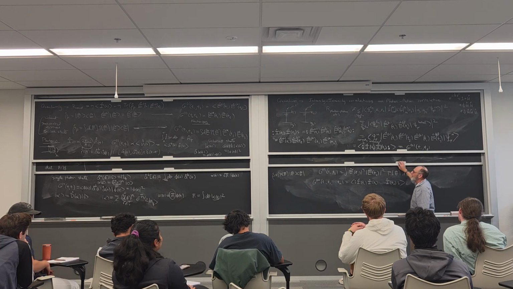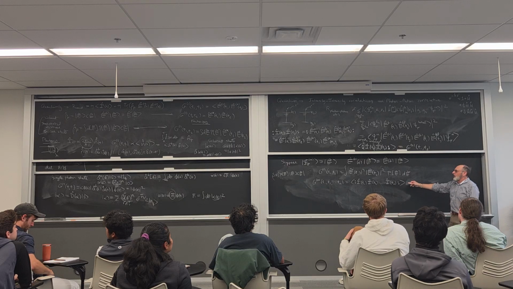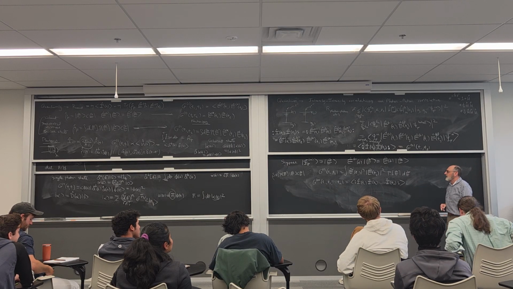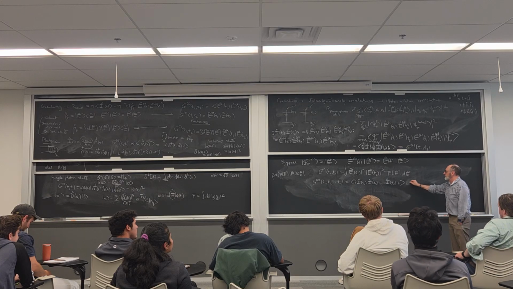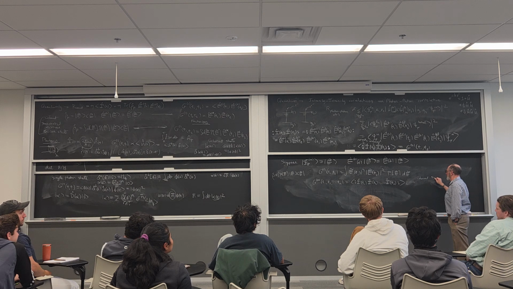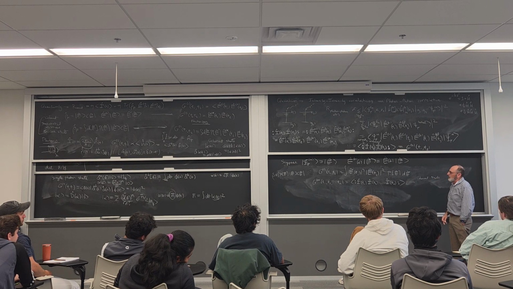Where were we? Oh yeah, here is where we were. So, for a coherent state, what is this? E minus, minus, minus, E plus, plus, plus.